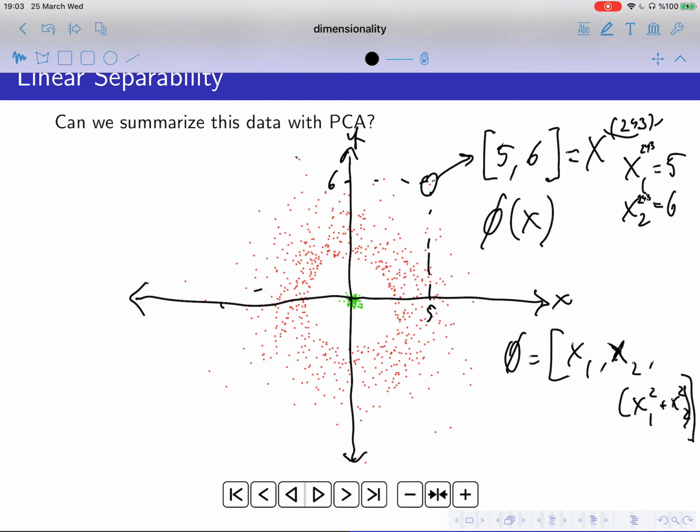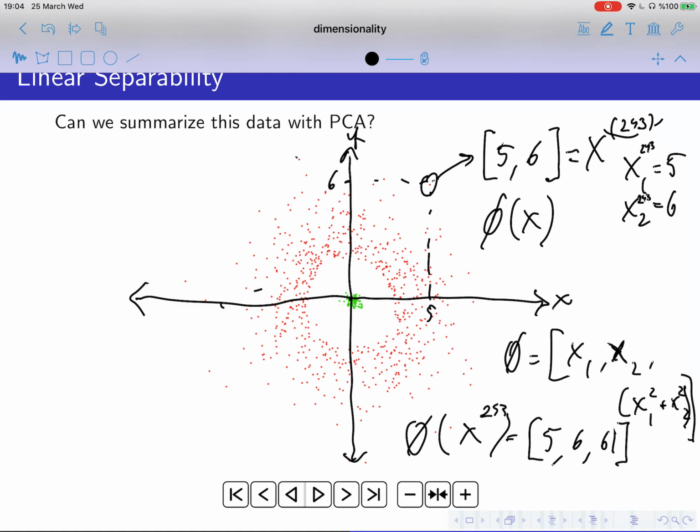So when I take x, the 243rd point, and apply this transformation to it, it's going to convert into 5, 6, and the last coordinate: the square of 5 is 25, the square of 6 is 36, so 25 plus 36 is 61.